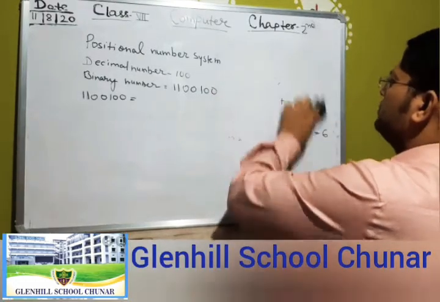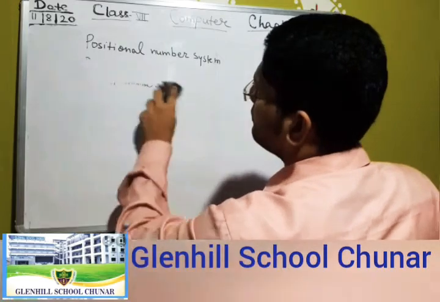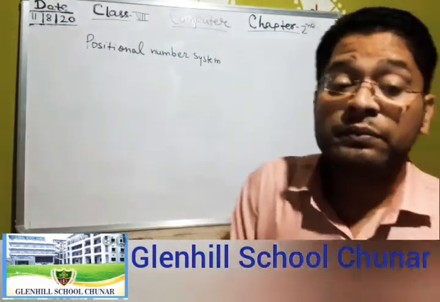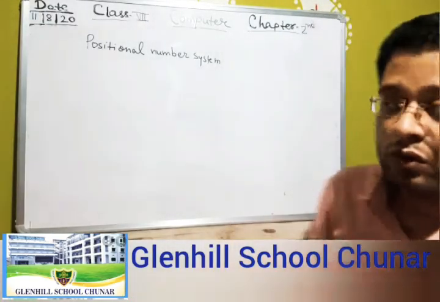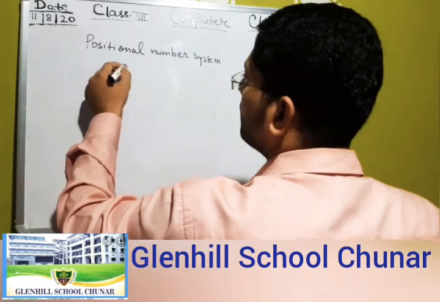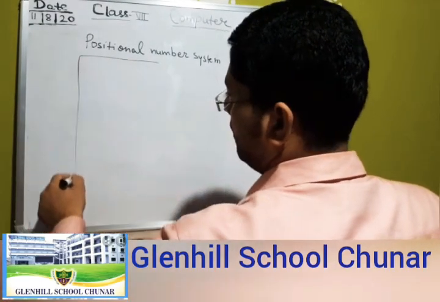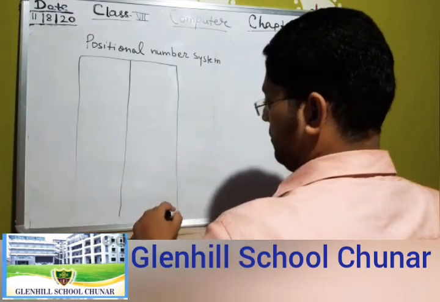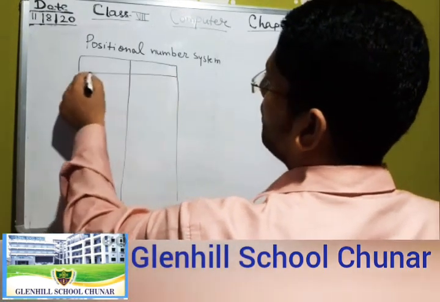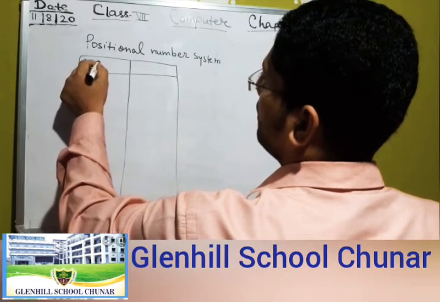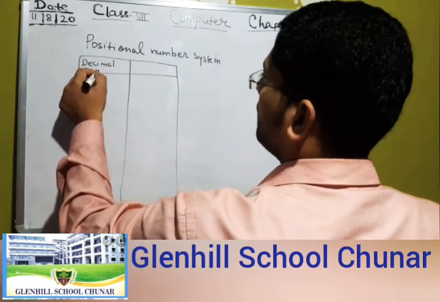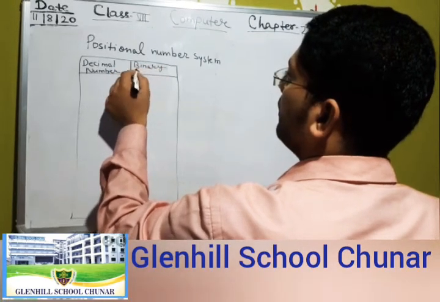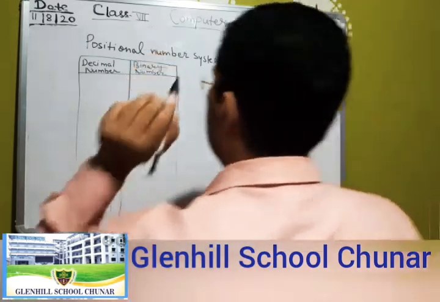So in your book, students, there is a table of some decimal numbers and binary numbers. Look at this type of table: decimal number and binary number.